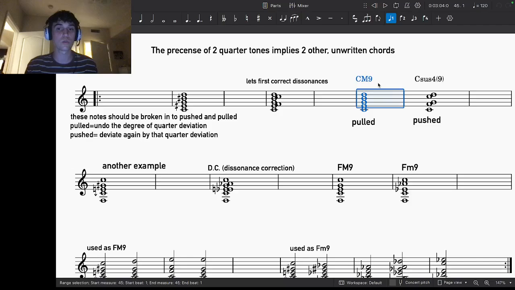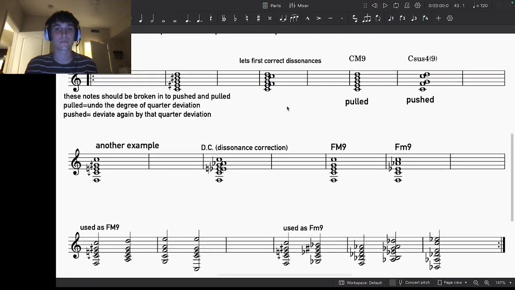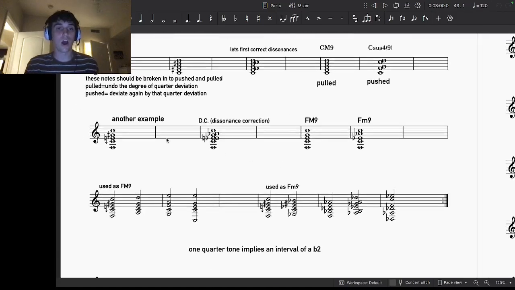And this would be the pulled, obviously. It is no more this chord than it is this chord, right? You can also think of this as, which is what we talked about earlier. All right, this one is another example where we have 2 different qualities.